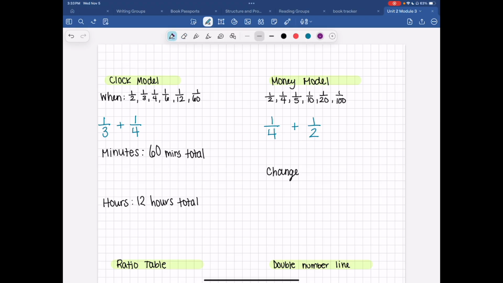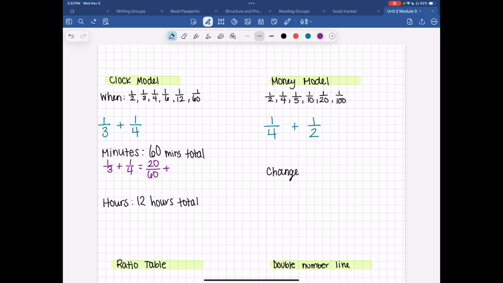I'm going to do my minutes in purple. So again, it's 1/3 plus 1/4. So if I think about my clock, I have to think about, well, how many minutes out of 60 would 1/3 of my clock be? And it's actually 20 minutes out of 60. So my equivalent fraction to 1/3 is 20/60ths.